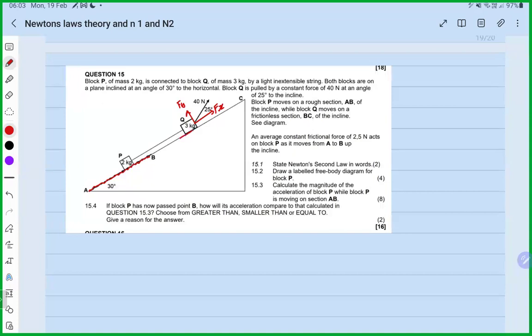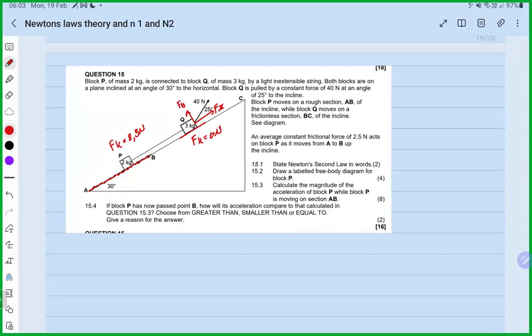That means this is a smooth surface. An average constant frictional force of 2.5 newtons acts on block P. So your kinetic frictional force here is 2.5 newtons. There is no frictional force here because it's on a smooth surface.